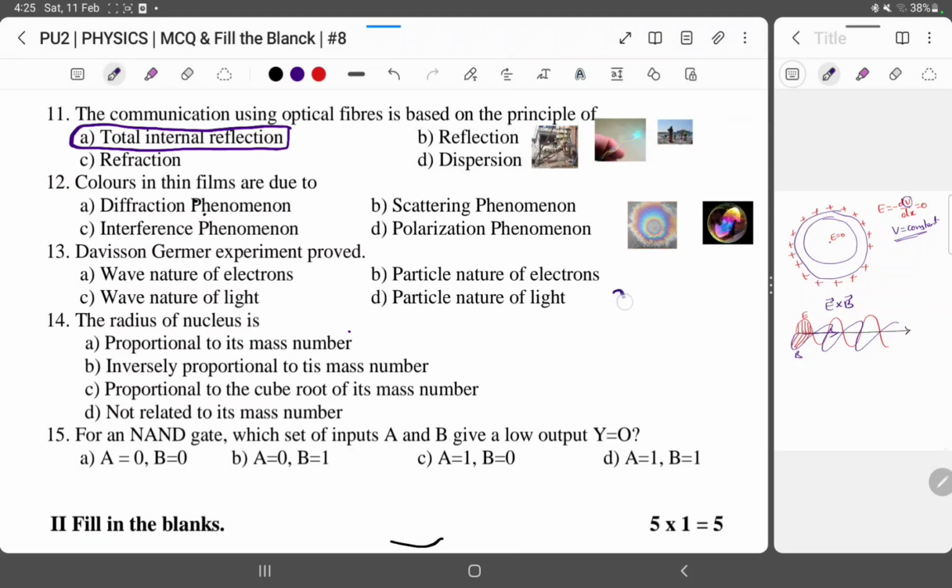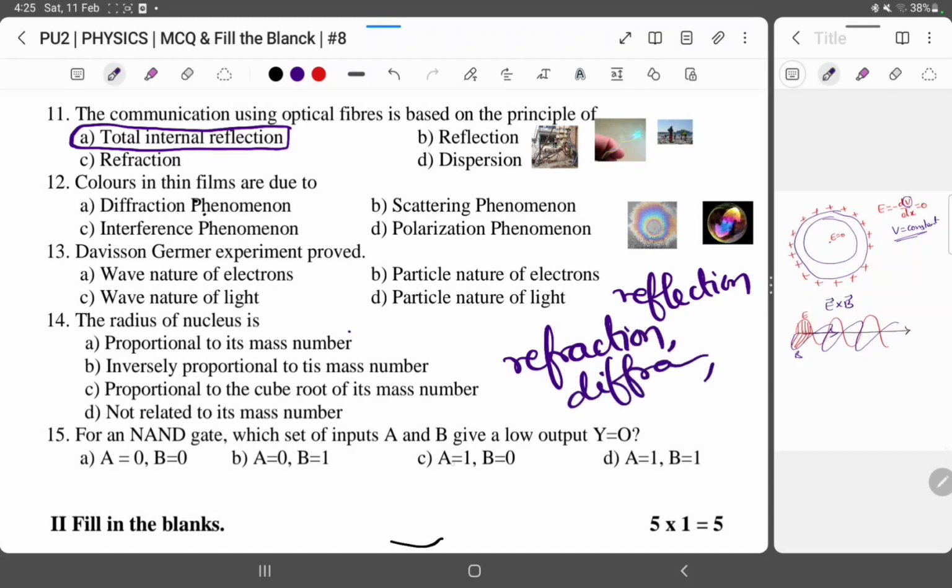For example, if I say it undergoes reflection, bouncing back of light; refraction, bending of light when it moves from one medium to another medium; diffraction. Diffraction is also there, and so are total internal reflection and polarization.